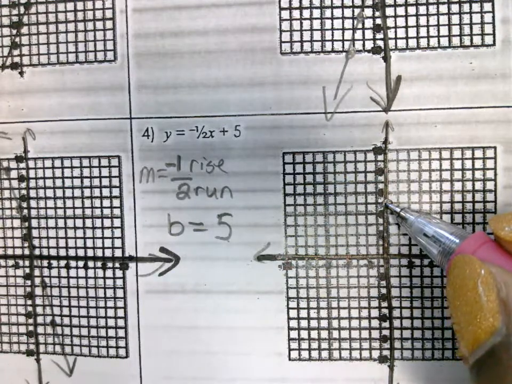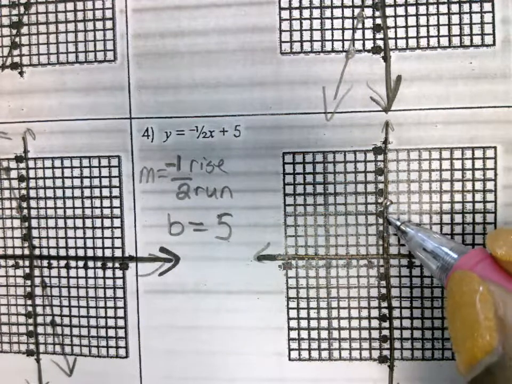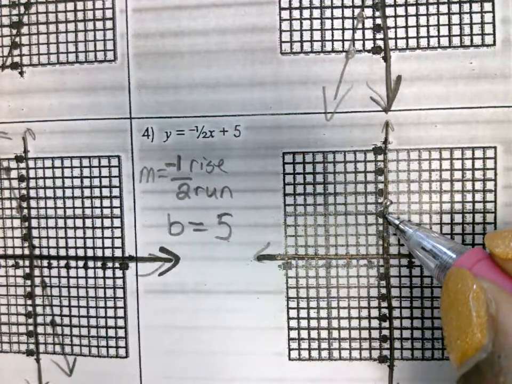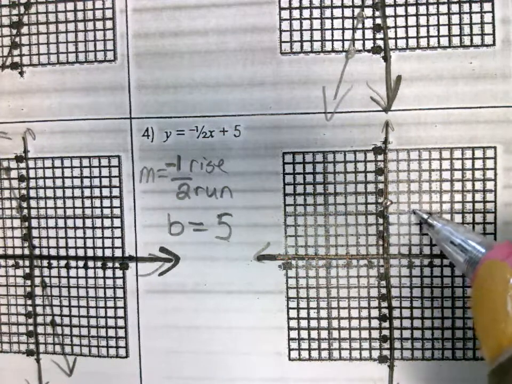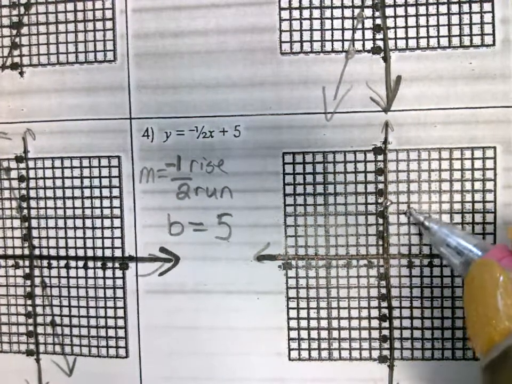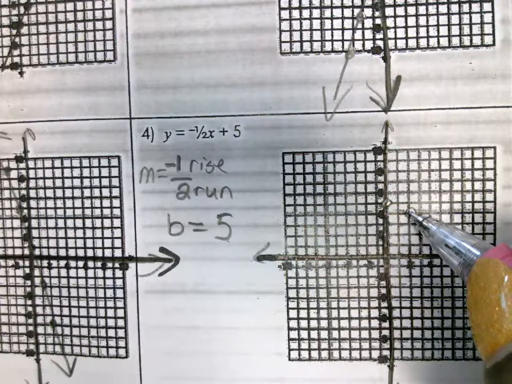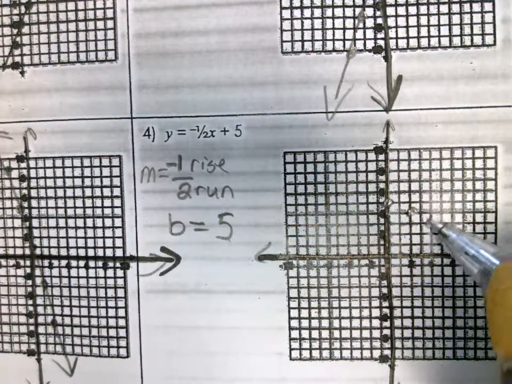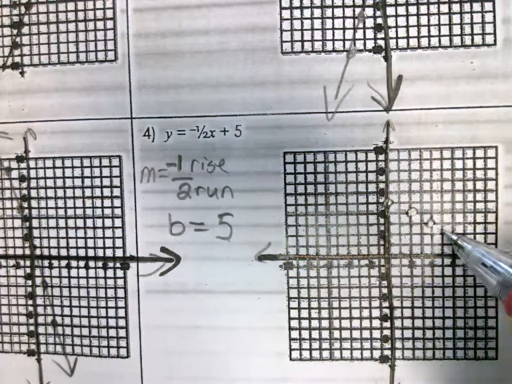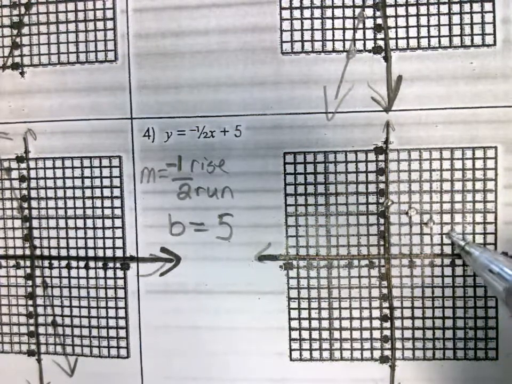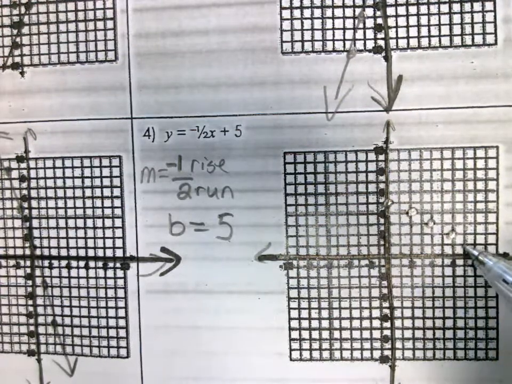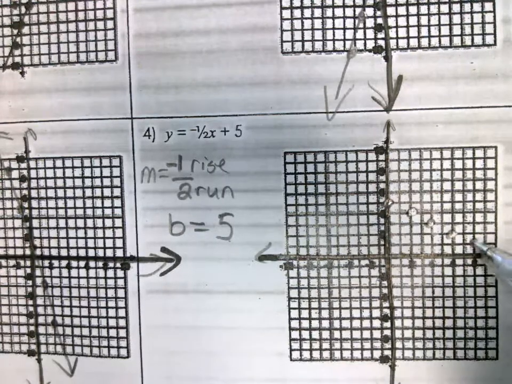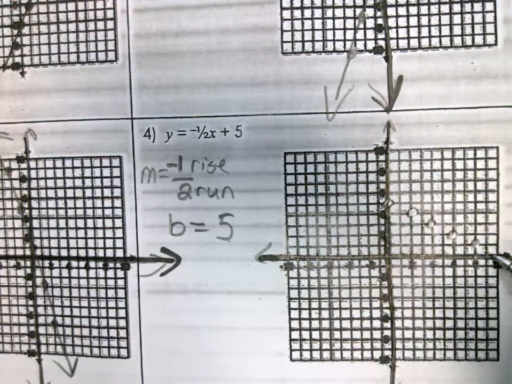Is that up or down? Down. Down 1. My run is positive 2. Is that to the left or to the right? Right. 1, 2. Put your point here. So it's down 1, right 2. Down 1, right 1, 2. Down 1, right 1, 2. Down 1, right 1, 2.